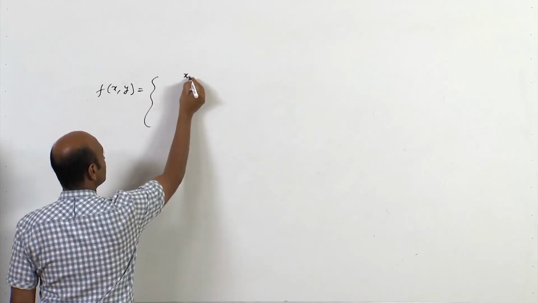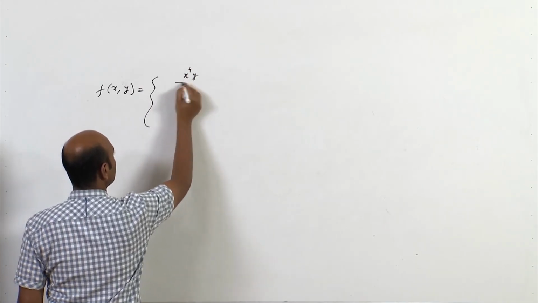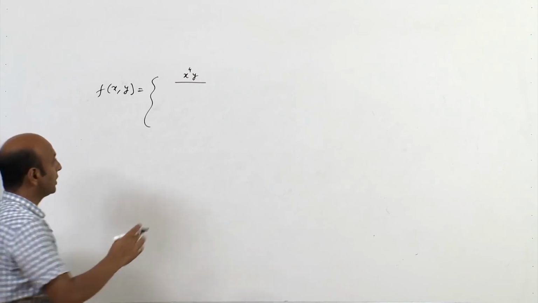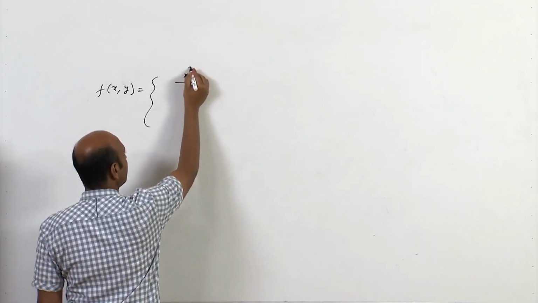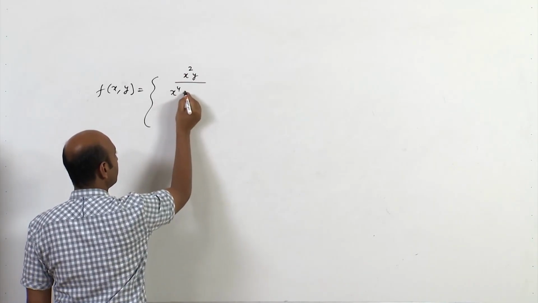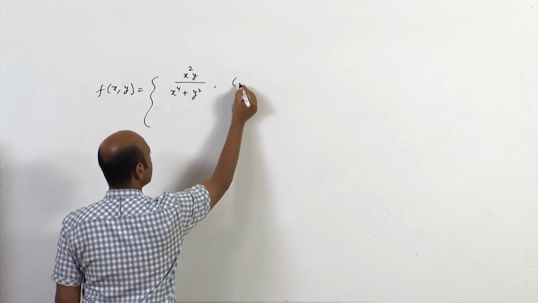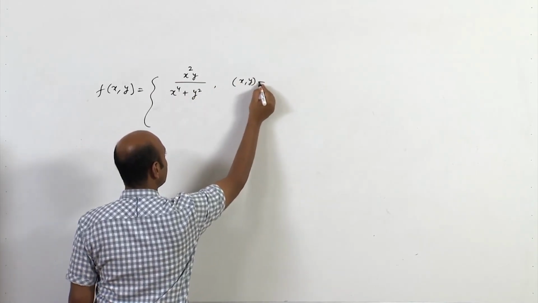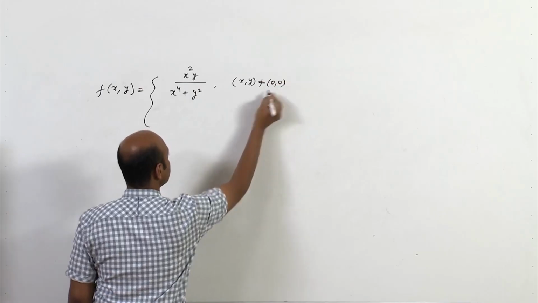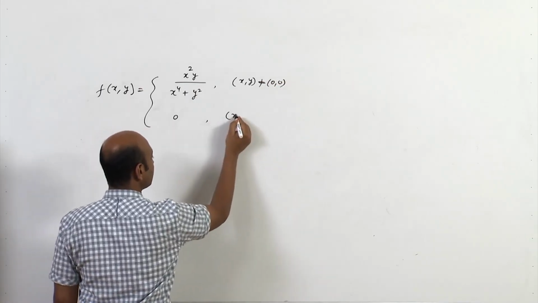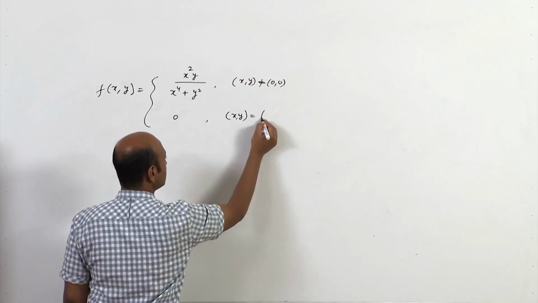The function is x squared y upon x raised to power 4 plus y squared when (x, y) is not equal to (0, 0), and it is 0 when (x, y) is (0, 0).